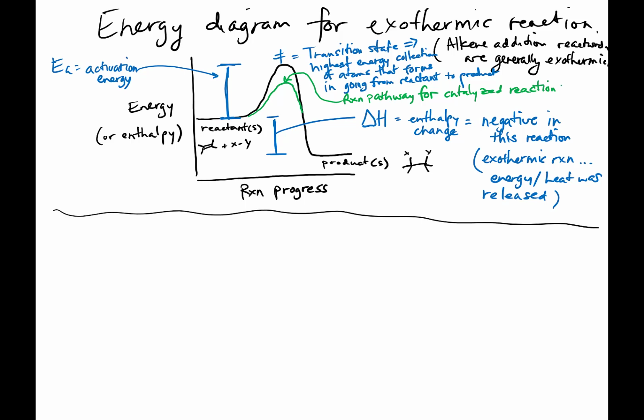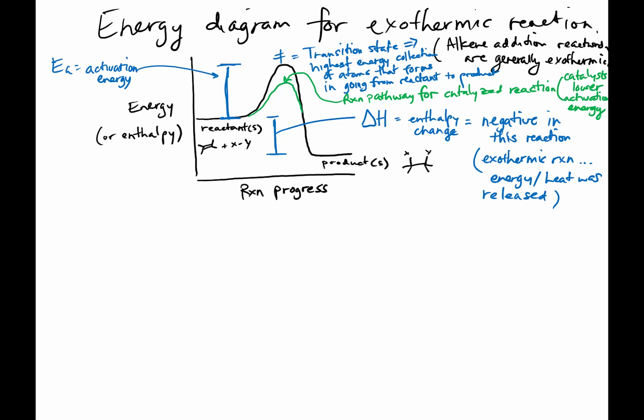I'll just put low. Remember, I'm running out of room here. Catalysts lower activation energy, and in so doing, and for this reason, and this is probably the intuitive part, catalysts speed up reactions.